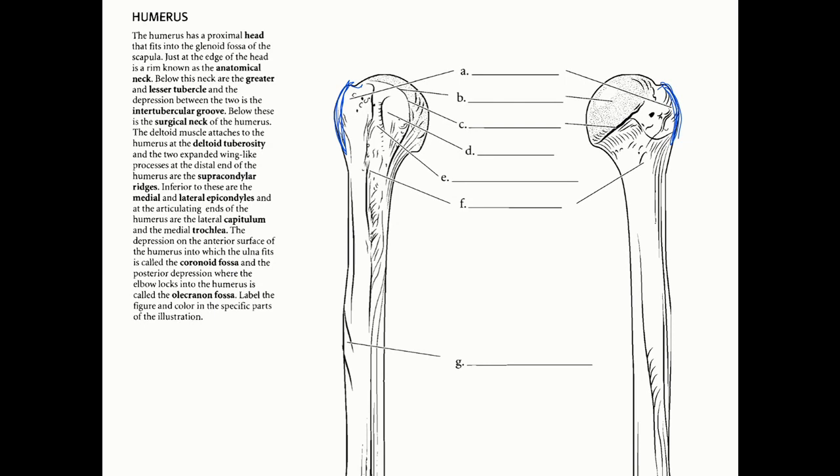This is our greater tubercle. And the head, which is B, the head is what's going to clue you in on this is the medial side. Okay, the head is what's going to fit into the scapula.